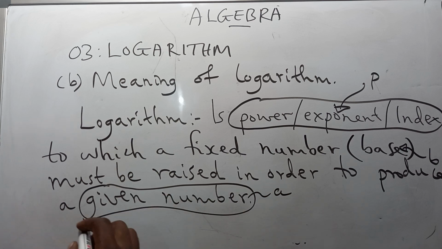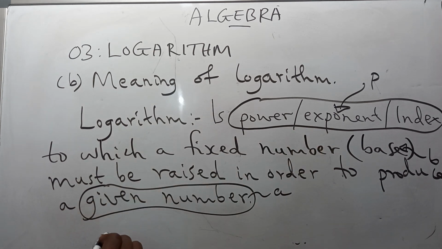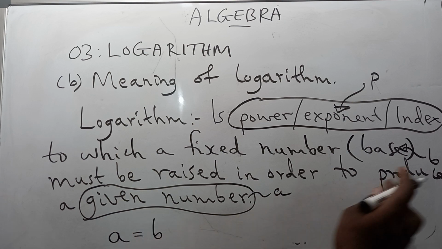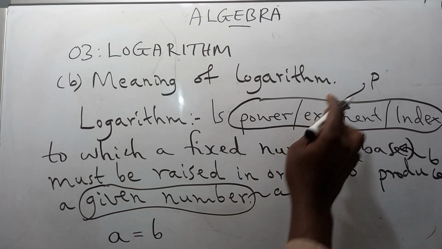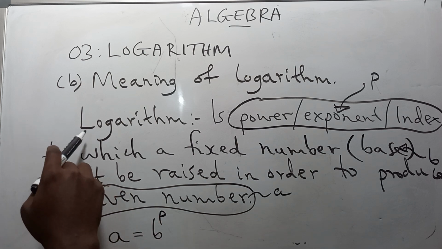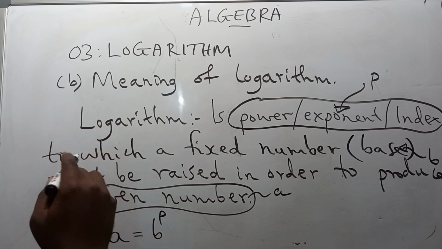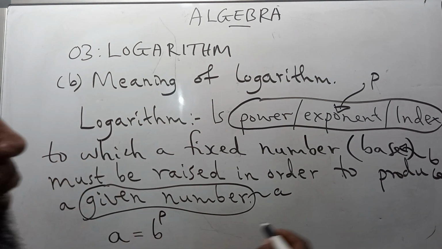In subtopic number 2 on exponent, we see these three terminologies are relating as given number A is equal to base B raised to the power of P. How about in logarithm? First, we write logarithm as log.